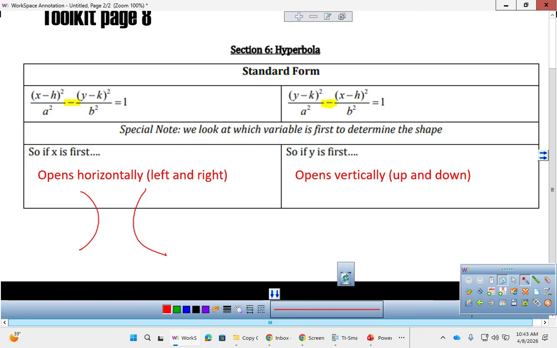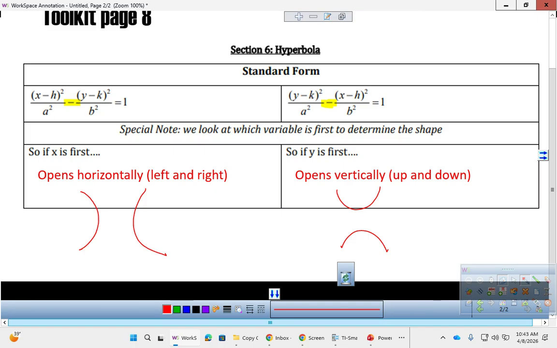Basically, we're going to graph it the same way we graph an ellipse, but instead of making it come together, we're going to make it go out, right? It is an oval, just an oval going outward. So if x is first, it's going to open left and right, whereas if y is first, it's going to be these 2 parabolas that open up and down. Right? So that's just a general sketch of what we're looking at.